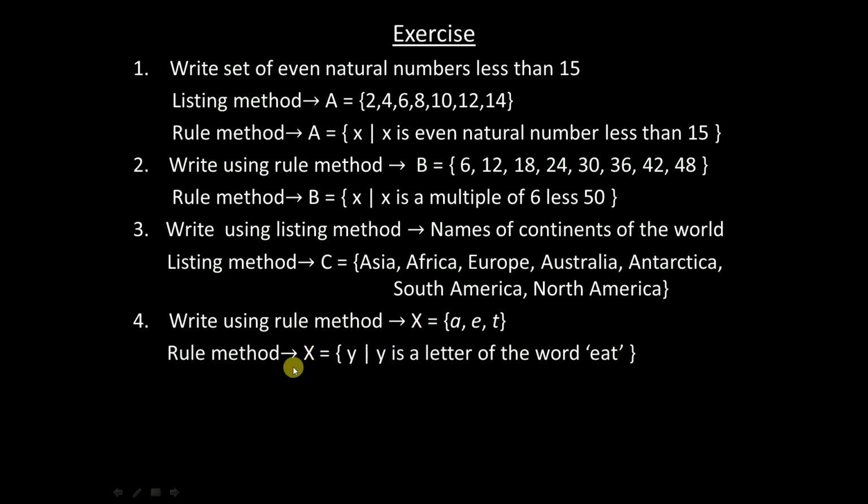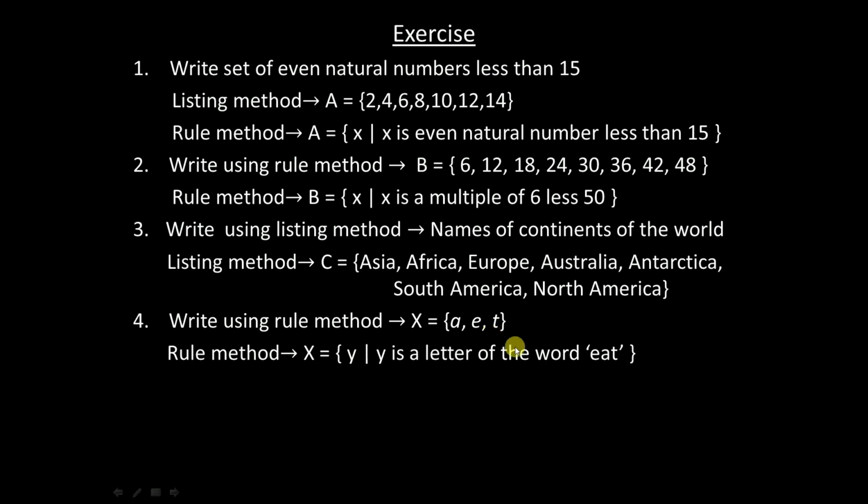I have written the same representation, that is X is equal to curly bracket. I have taken a variable Y here. Okay, as I have told you, you can take any other variable other than X. So I have taken variable Y. This is a vertical line which is read as such that Y is a letter of the word eat. Okay, now these letters are also of the word T-E-A, or you can write it from the word A-T-E, ate.